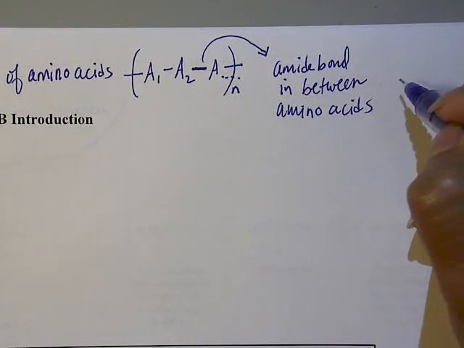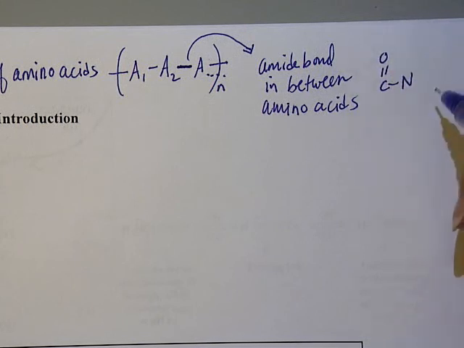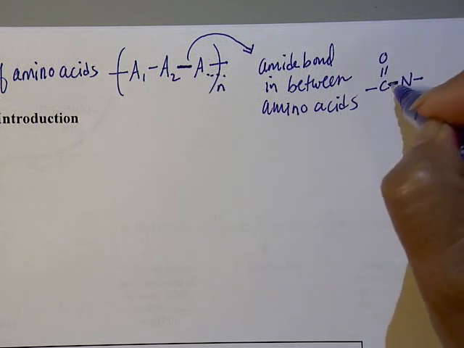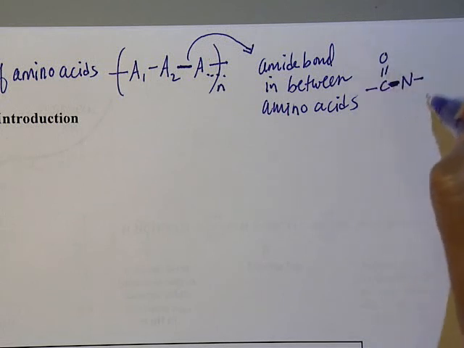Just to briefly remind you what an amide bond looks like: a C double bond O with a nitrogen attached to that. So this right here, that I'm making dark, is what connects one amino acid to another.